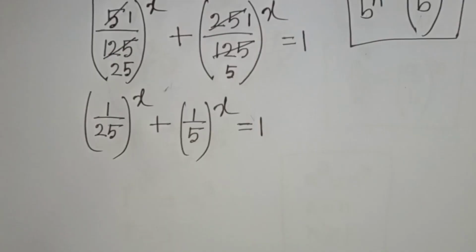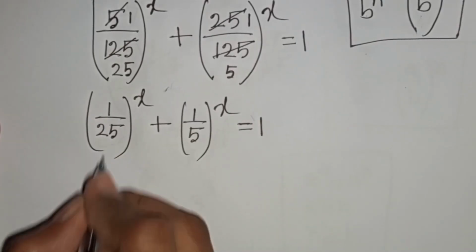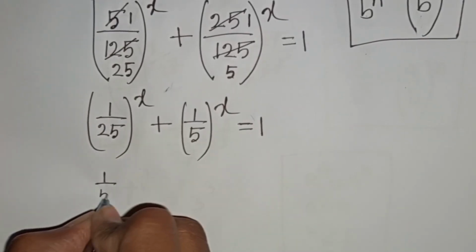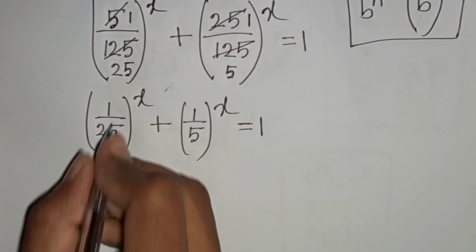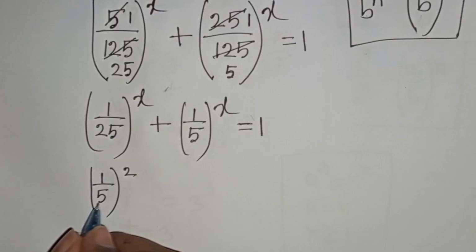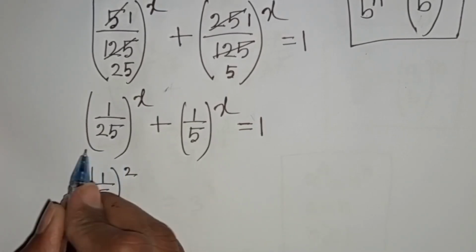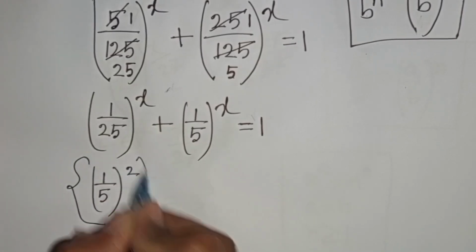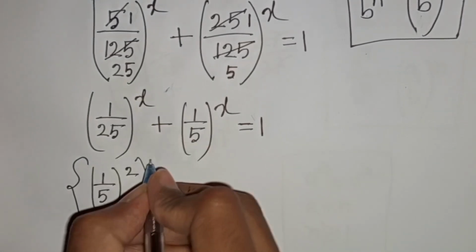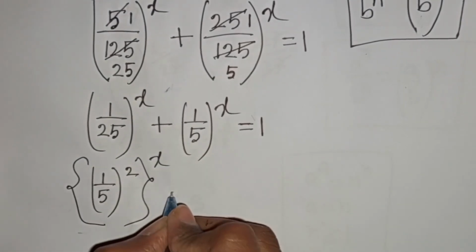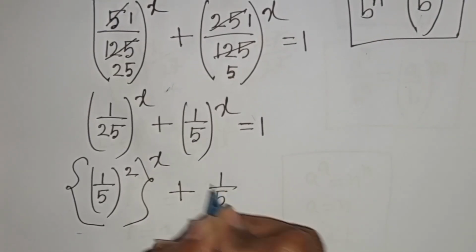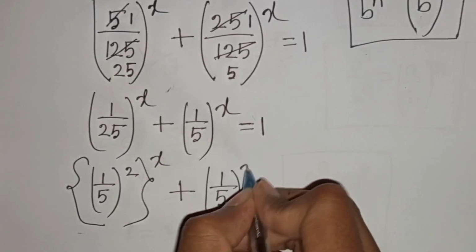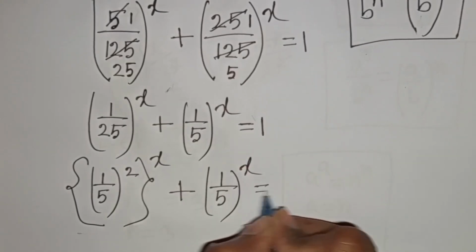Now 1 by 25 can be written as 1 by 5 bracket power 2. 1 over 5 square is same as 1 over 25. Then this first bracket can be written as second bracket, then power of x plus 1 by 5 bracket power x is equal to 1.